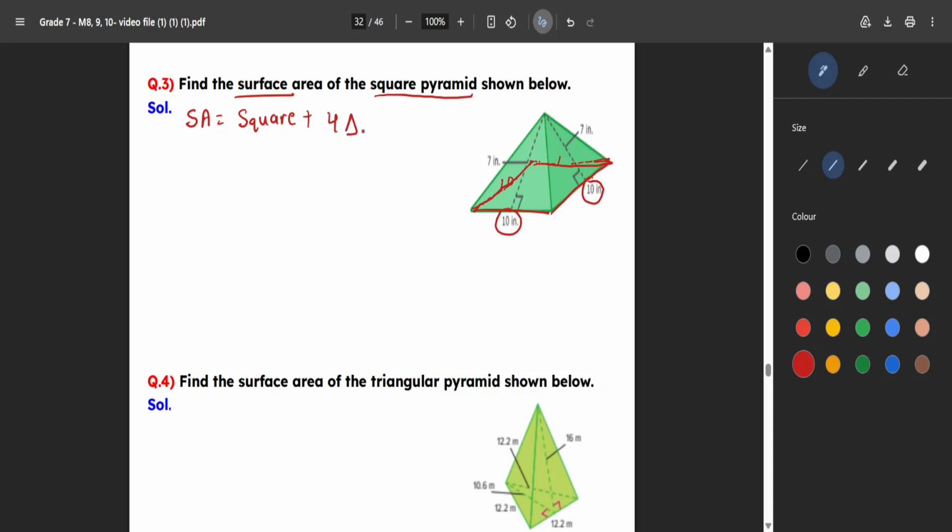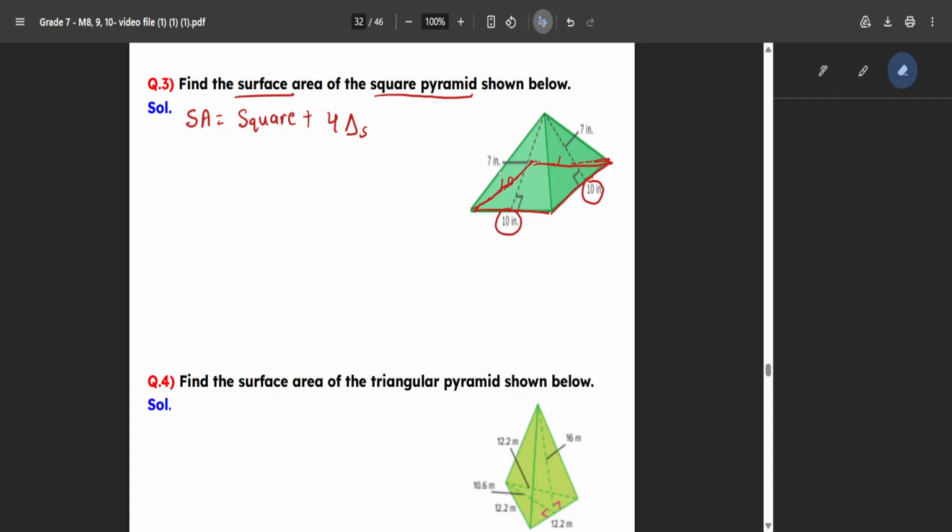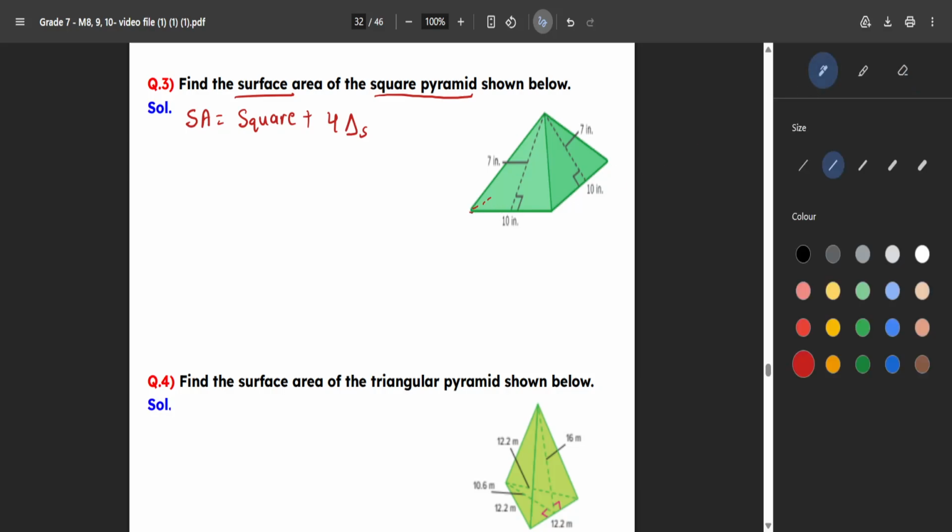All the 4 triangles are similar. Why do I know it? Because if you check carefully, let me raise this and show it to you again. The triangle in the front, its base is 10 and the height is 7. Triangle on the right, the base is 10, the height is 7.